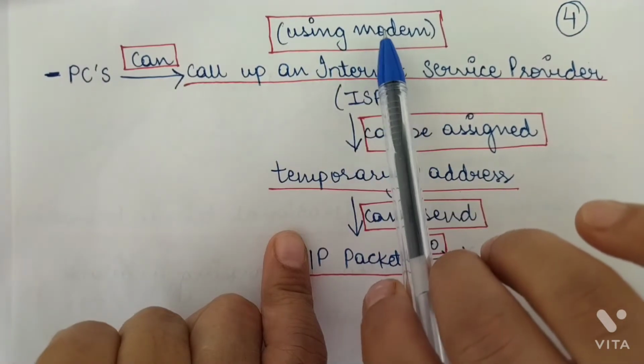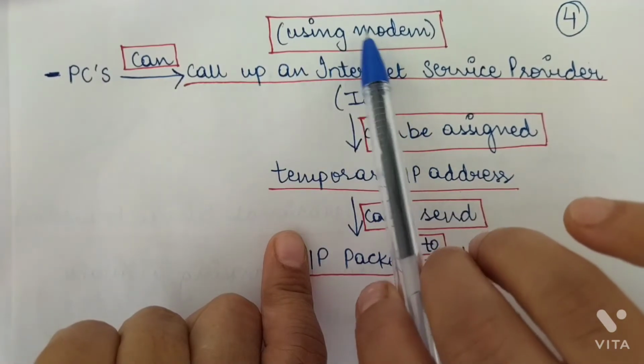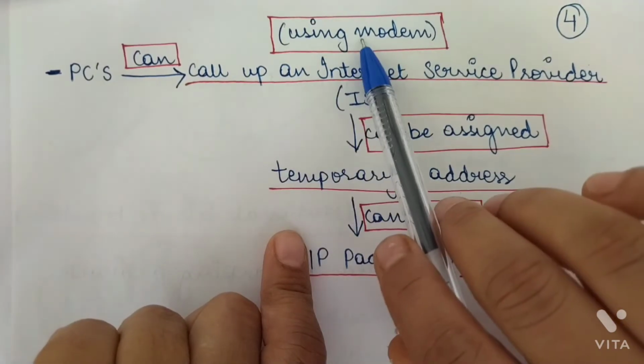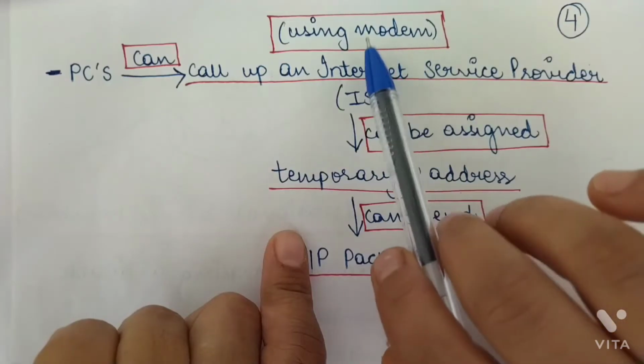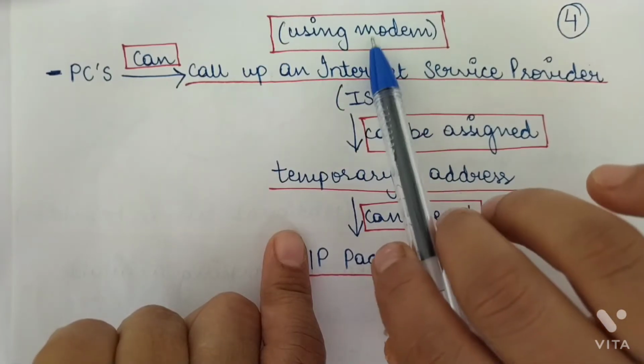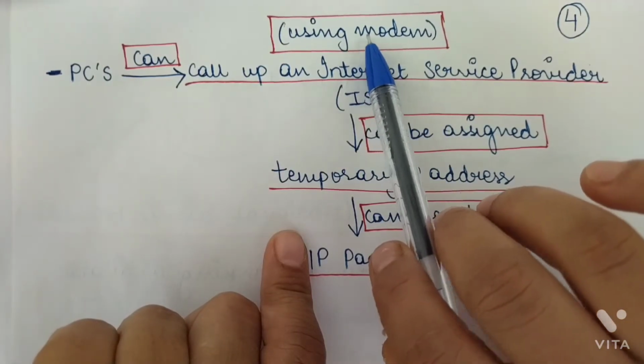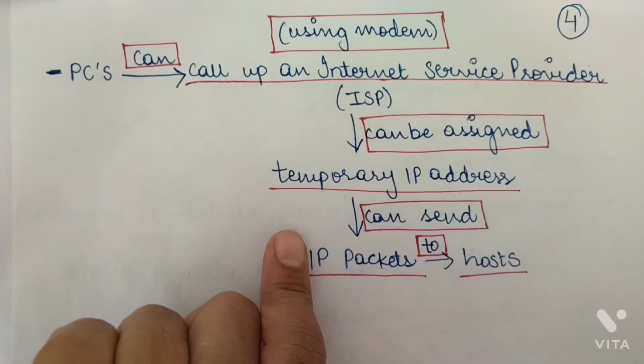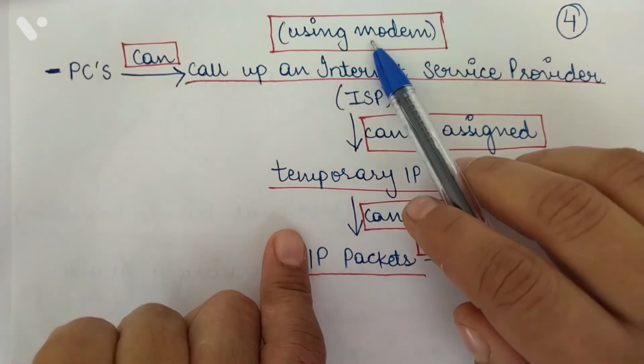So obviously to use internet you need a device which is built inside the computer, or which is fitted inside the computer. Sometimes the systems come with an inbuilt modem, and in previous days you had systems wherein you had to fit in a modem separately.